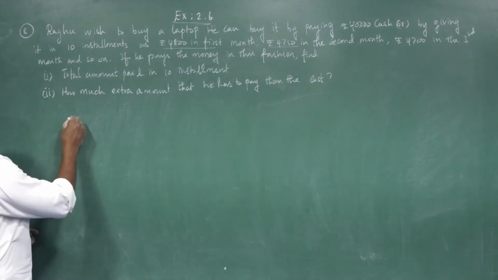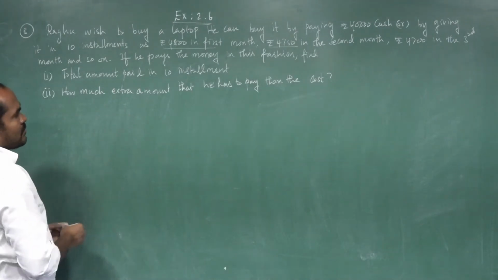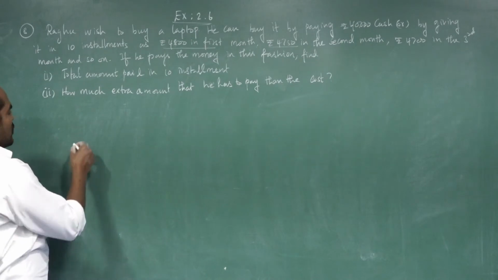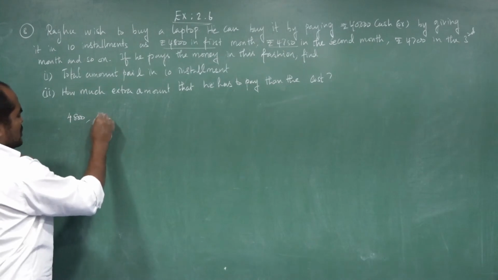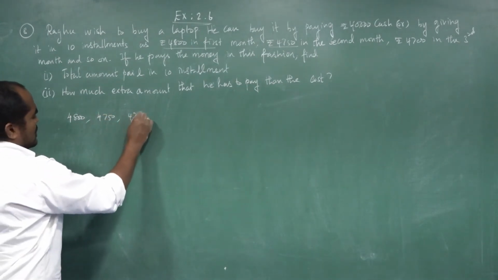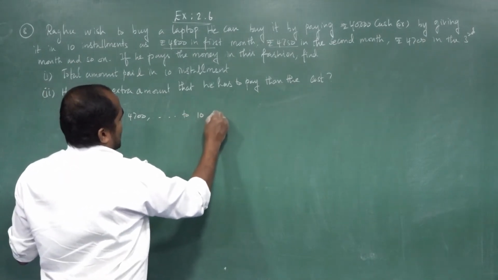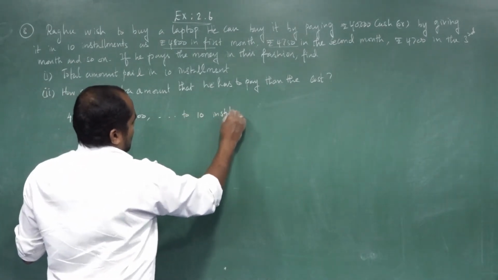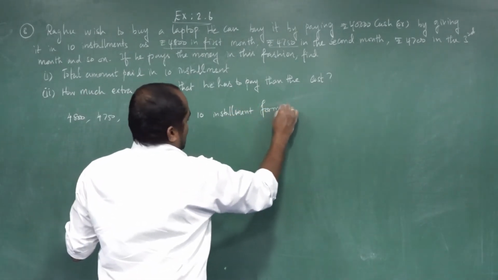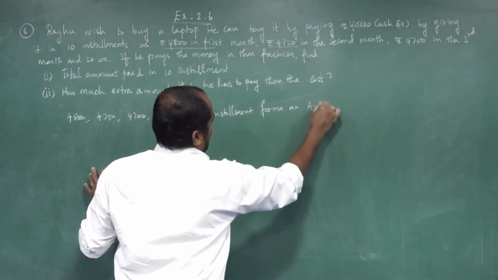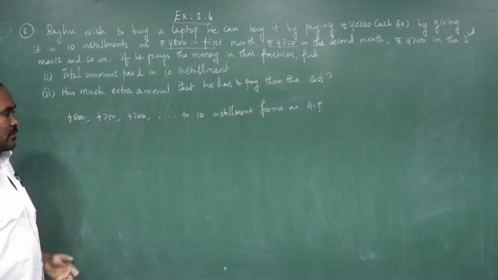So the installments in the first, second and third months form an arithmetic progression: 4,800 first month installment, 4,750, 4,700 etc. up to 10 terms, that is 10 installments. It forms an arithmetic progression because common differences are same.